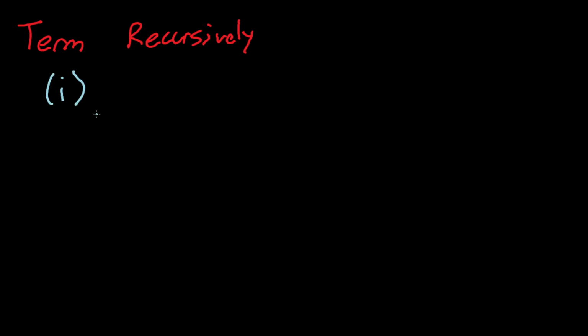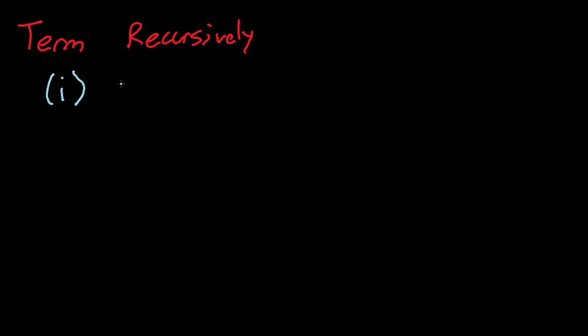So now we need to get to the actual recursive definition. We'll start with defining a term recursively. And let's try to think through what this ought to be. A term should represent a mathematical object.